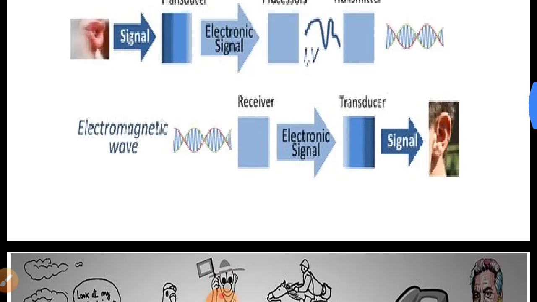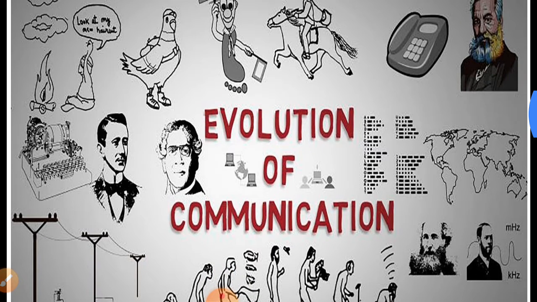In earlier days, older days, if we wanted to communicate, we could communicate only within a particular distance. We could simply write a letter, that's it. How do we communicate over a longer distance? That was not possible in older days.